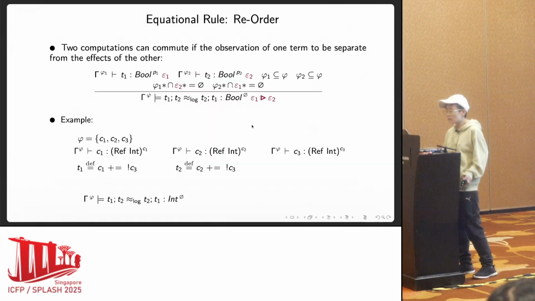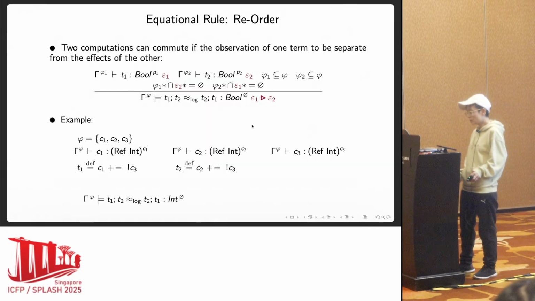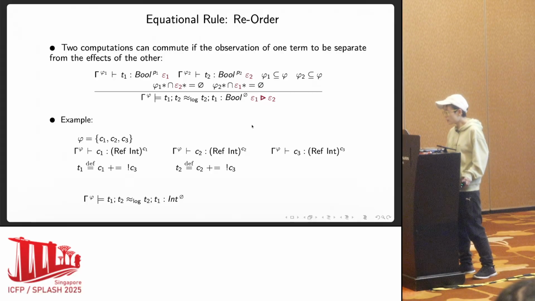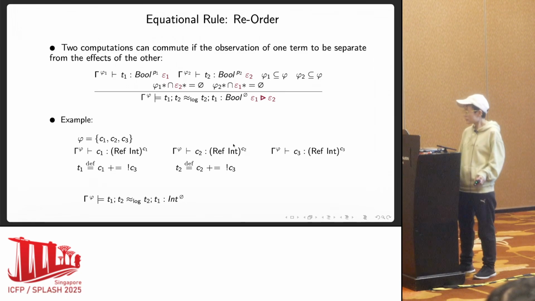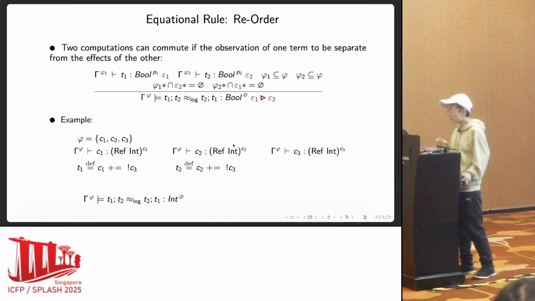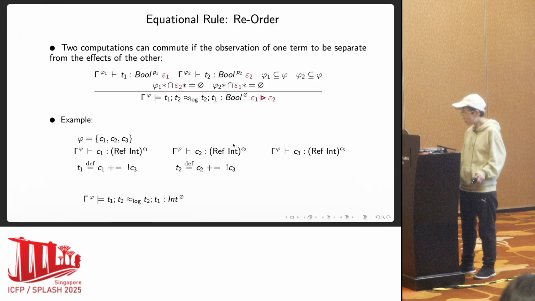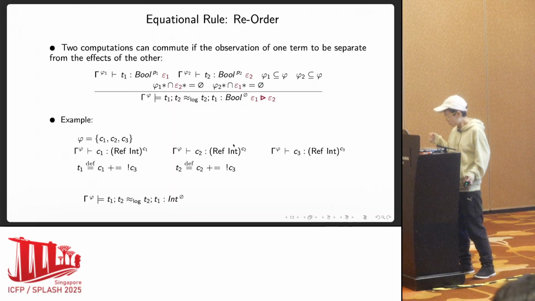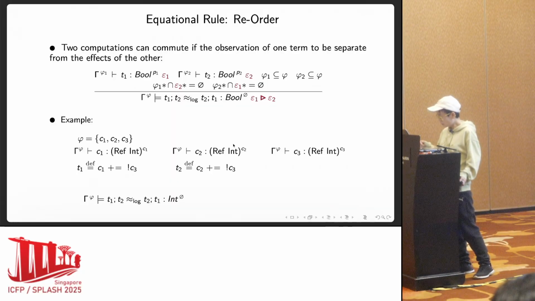Basically, reads can overlap, but a write cannot overlap with a read. So we see this, and we can prove their equivalence. By using the effects information, we can prove more reordering rules and create more optimization opportunities.